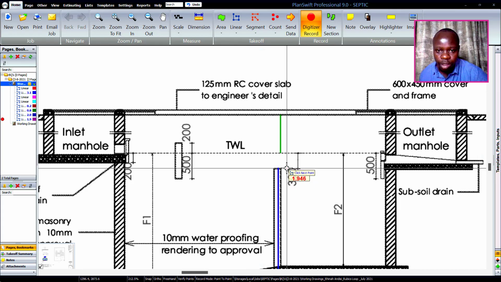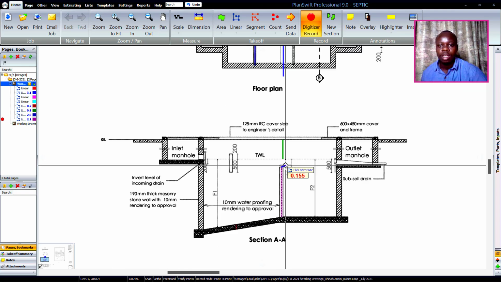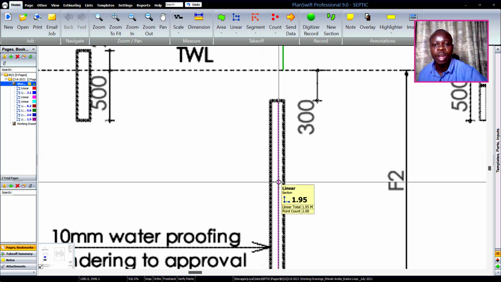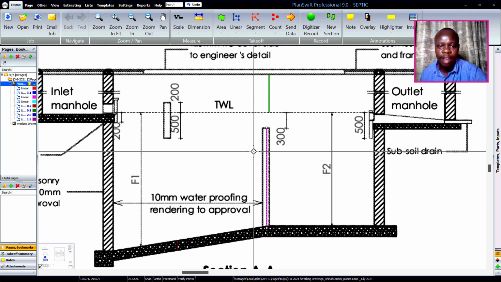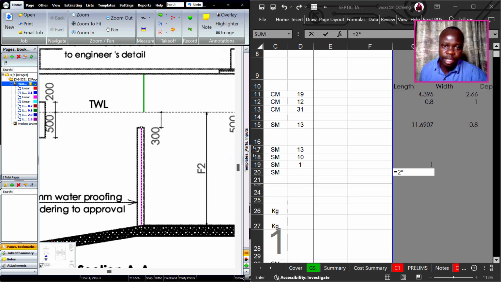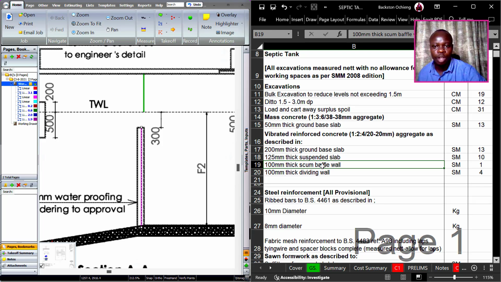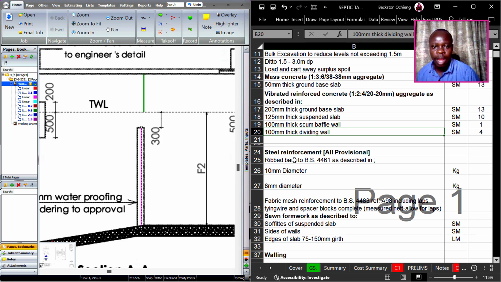Then you click stop. Now what do we have? 1.95 meters. So I take 2 meters for the length and 1.95 meters for the height. That gives me 3.9 square meters. I will take 4 square meters, rounded up to the nearest whole number.